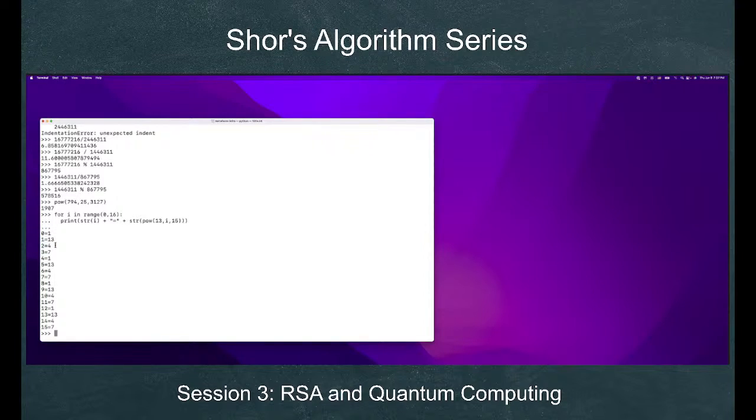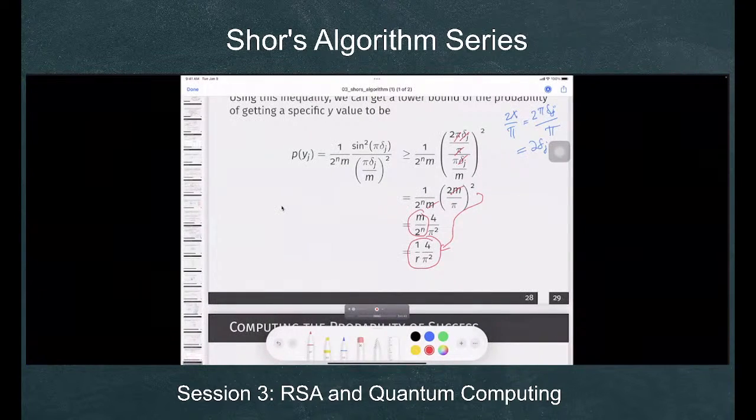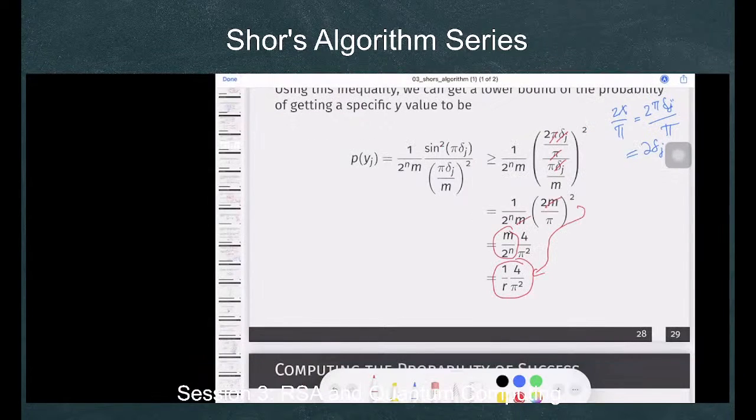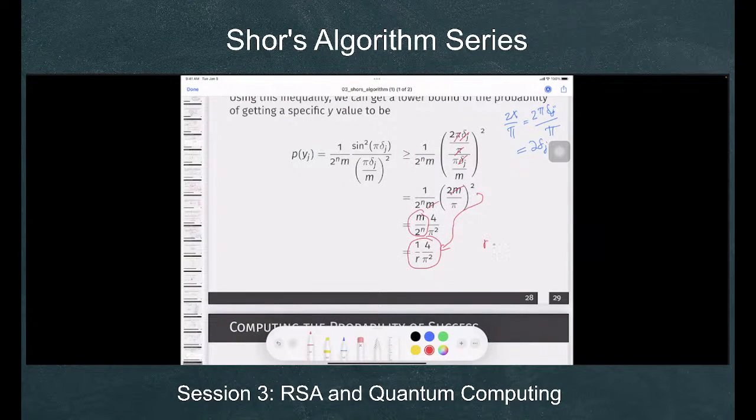So in other words, if you want the probability of success, this one is the probability of getting a specific value. But since there are r of those values, and you don't care which of those it is, the probability of success is r multiplied by 1 over r times 4 over pi squared.